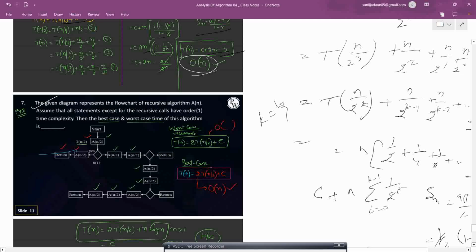The given diagram represents a plot of the recursive calls, indicating all the statements except for the recursive calls have order 1. Then the base case or the worst case of the time complexity. Worst case 1, 2, 3, 4, 5, 6, 7, 8.